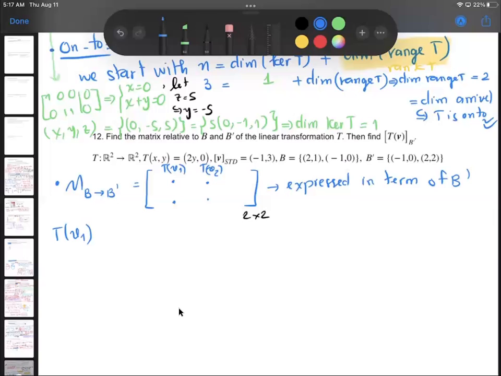Same thing with the second one: C1 is 0, C2 is 0. So now the matrix is negative 2, 0, and then 0, 0 here. I need another matrix.